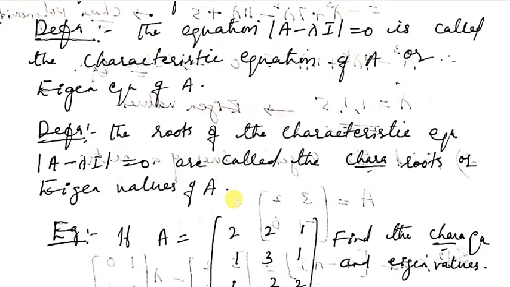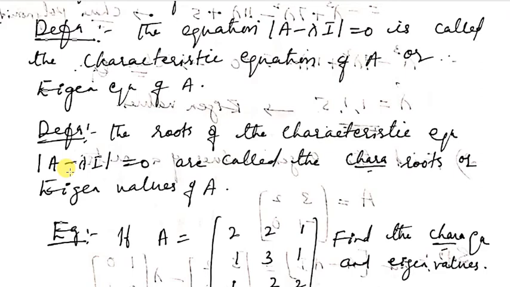All those will be given by determinant of A minus lambda I equal to 0. A minus lambda I is called the characteristic matrix. Determinant of A minus lambda I gives the characteristic polynomial. That polynomial, if we equate to 0, gives the characteristic equation, and if we solve that equation, we get the roots, and the roots are called the eigenvalues.